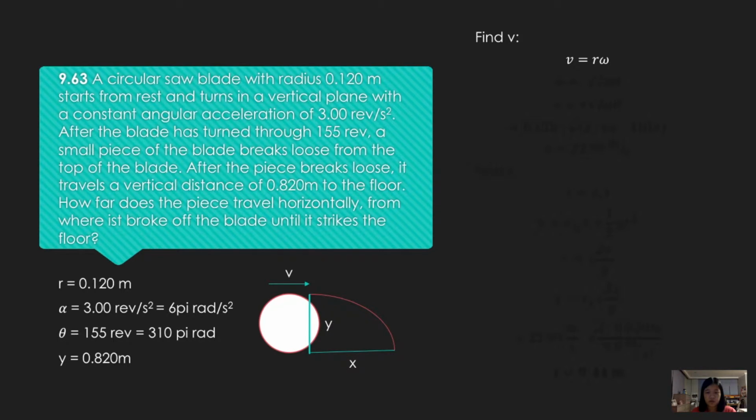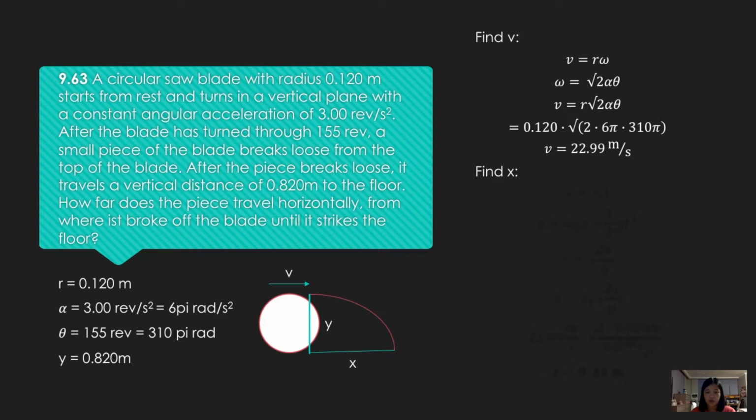And tangential velocity is simply r times omega. Omega is square root of 2 alpha theta as solved in the previous problems. Substitute that to the velocity equation, and so you can substitute the values to get 22.99 meters per second.